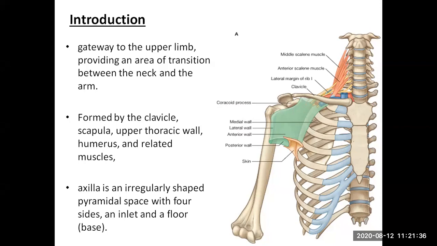When you raise your hand, you will see the concave armpit. So the floor is raised. That is the floor of the axilla. And the inlet is above, which is triangular in shape. You will see the axillary inlet, which is also called the cervico-axillary canal.